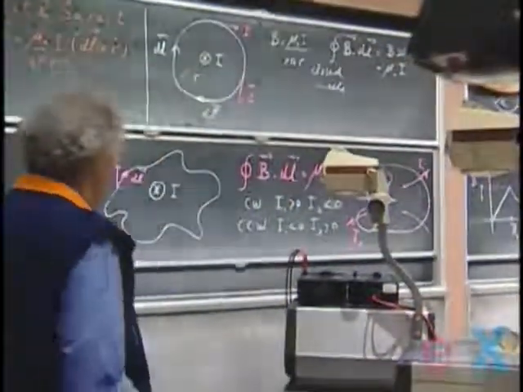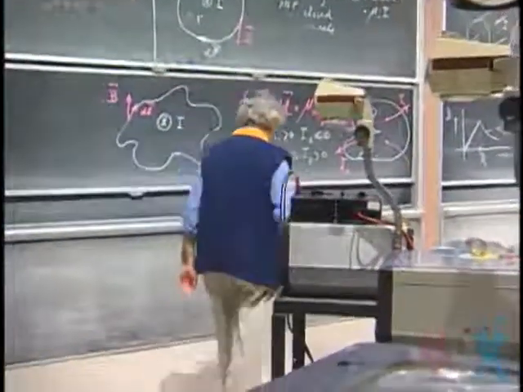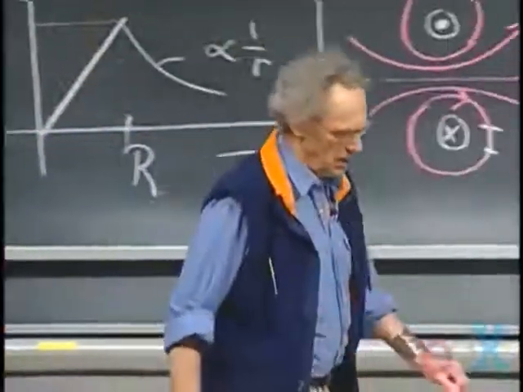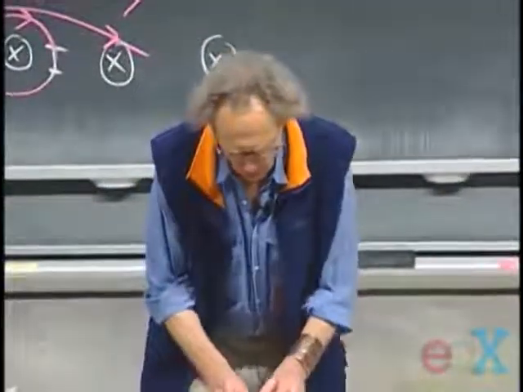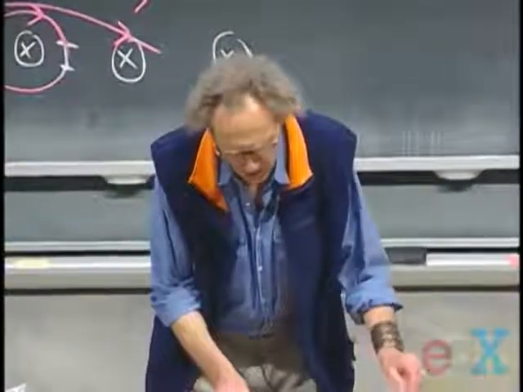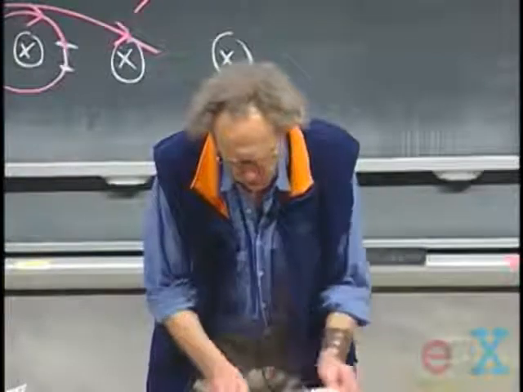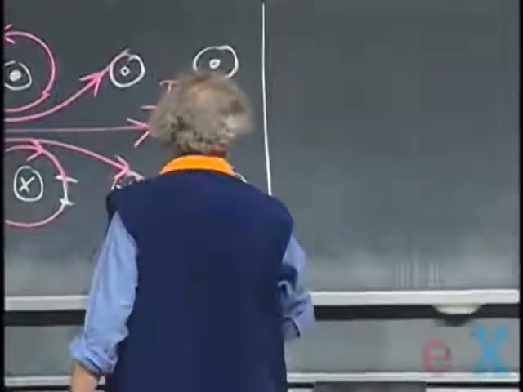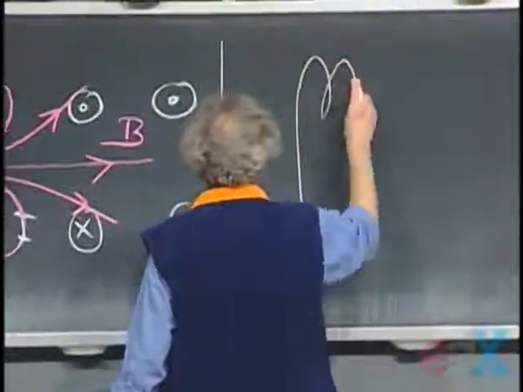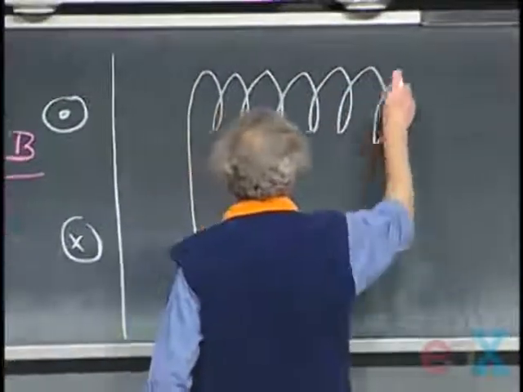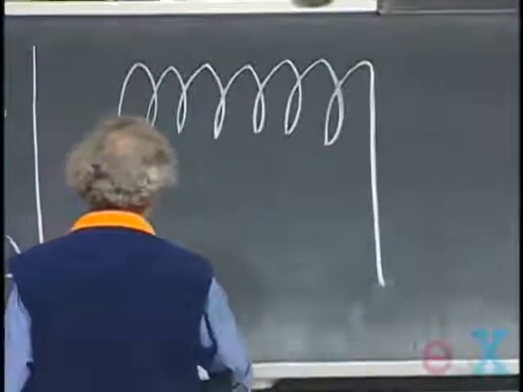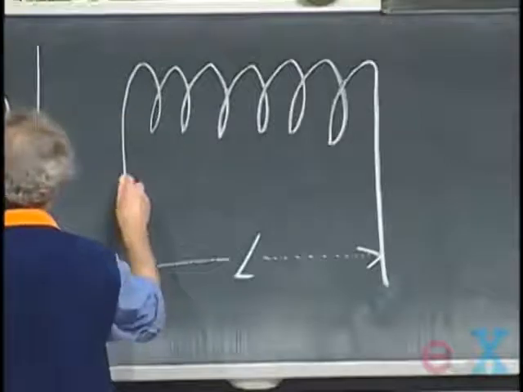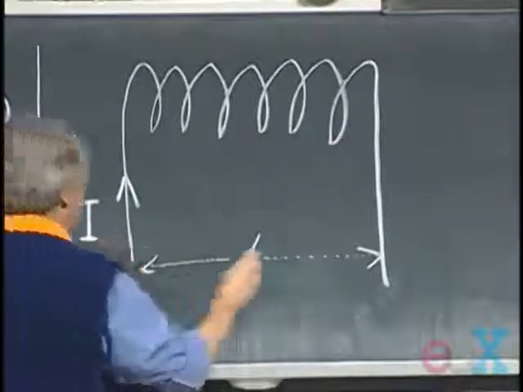Now I would like to calculate with you, using Ampere's law, what that magnetic field inside such a solenoid would be. We have to make a few assumptions. Let this be my solenoid, and the length of the solenoid is capital L. A current I is going through like so.